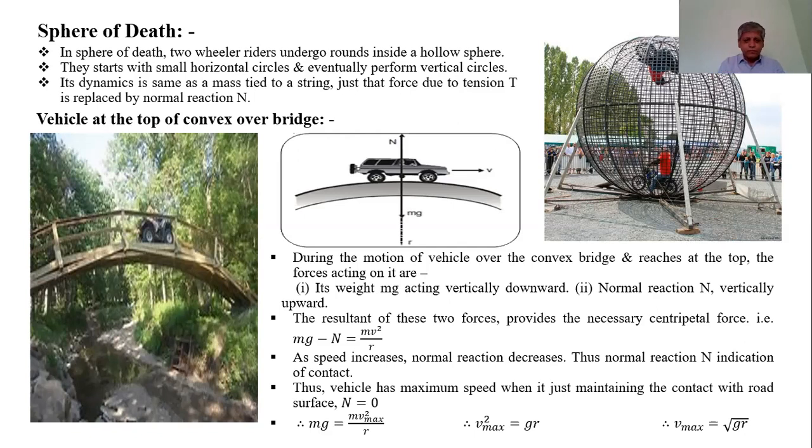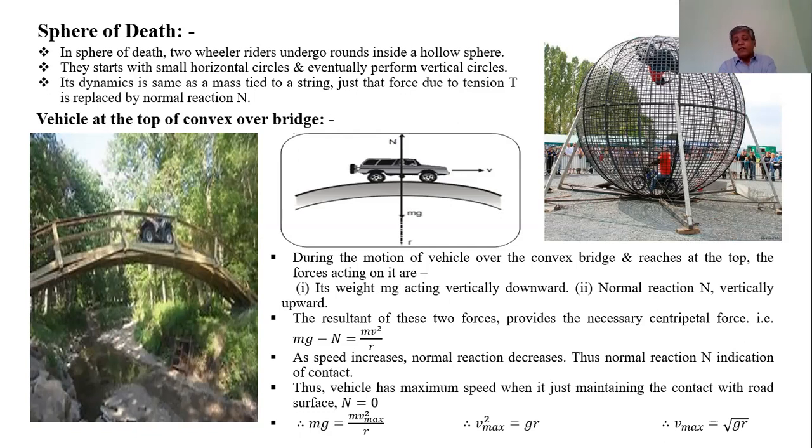Beyond that speed, when the normal reaction becomes zero, there will be no contact between the road surface and the vehicle. When the normal reaction becomes zero, the tires of the vehicle are just in contact with the road surface.